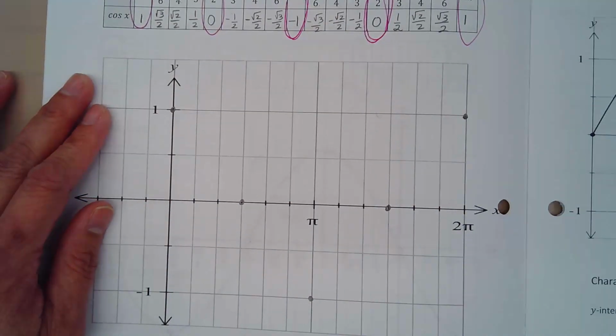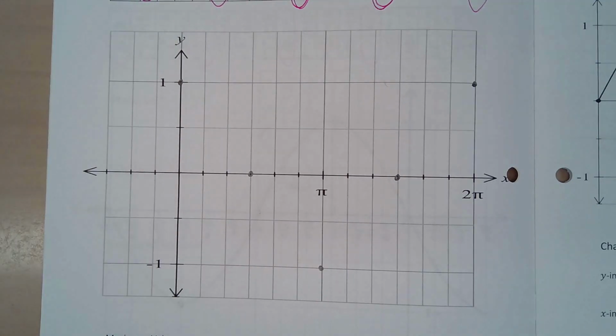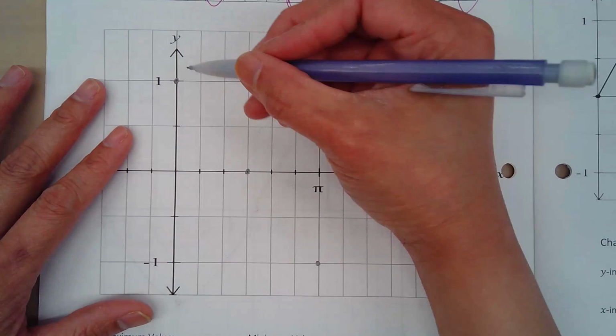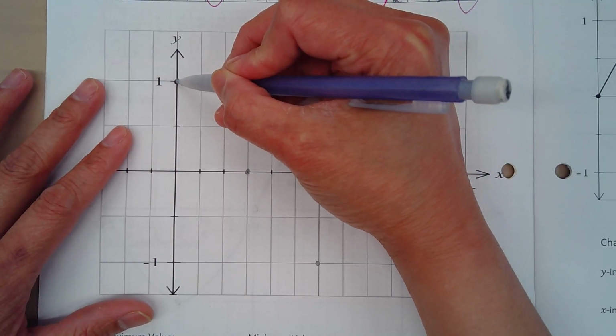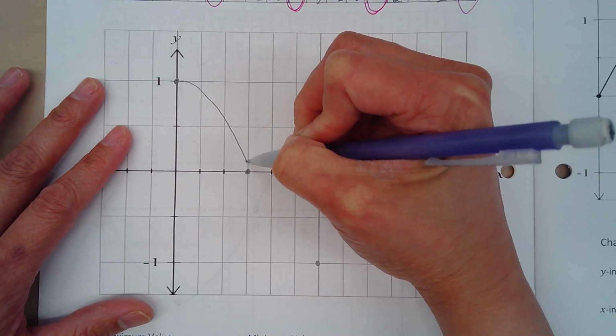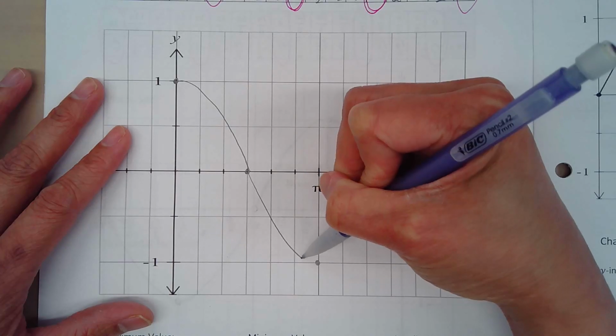Okay, what does the graph look like? We didn't graph all of them. It still looks like a wave, but it's kind of going like this. Of course, this takes a lot of practice, and you'll get it.